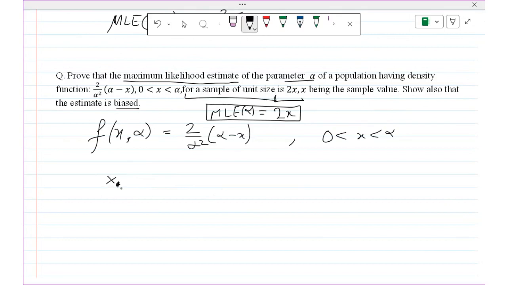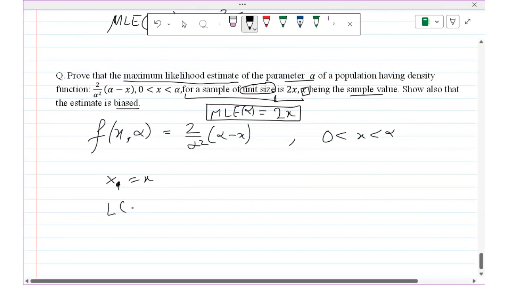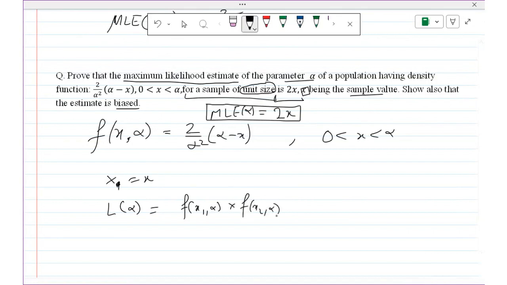Because this sample is of unit size and x is the value of the sample, x1 is equal to x. What is the likelihood function? Here we have parameter alpha. The likelihood function, if you know the definition, is f of x1 comma alpha into f of x2 comma alpha and so on, f of xn comma alpha.